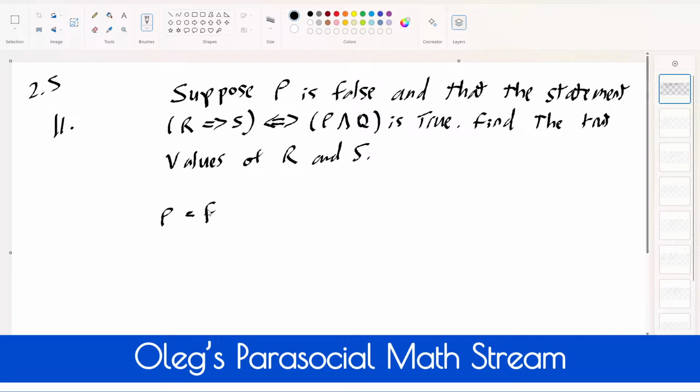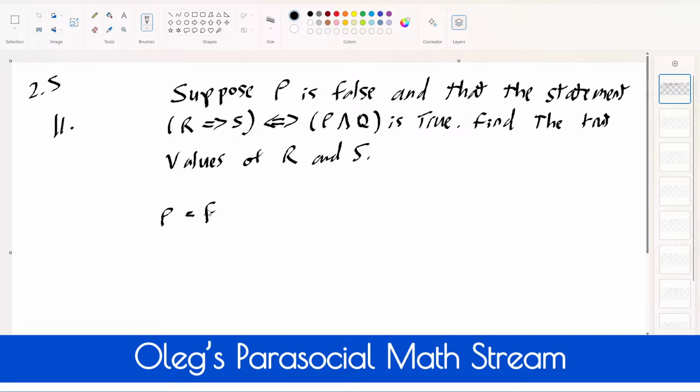Oh, I see. This kind of question, it doesn't matter if Q is true or false. The result should give us the same truth values for R and S. That's fine. So we have P is false. So Q can be true or Q can be false.